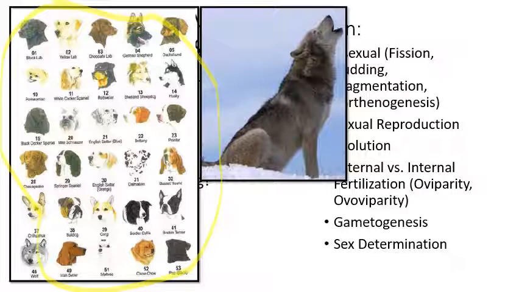So these are all the different purebred lines of dogs. But not one of these dogs was created by a mutation. Every one of these different funny-looking dogs was created by putting together different gene alleles that already existed in the population of wolves.